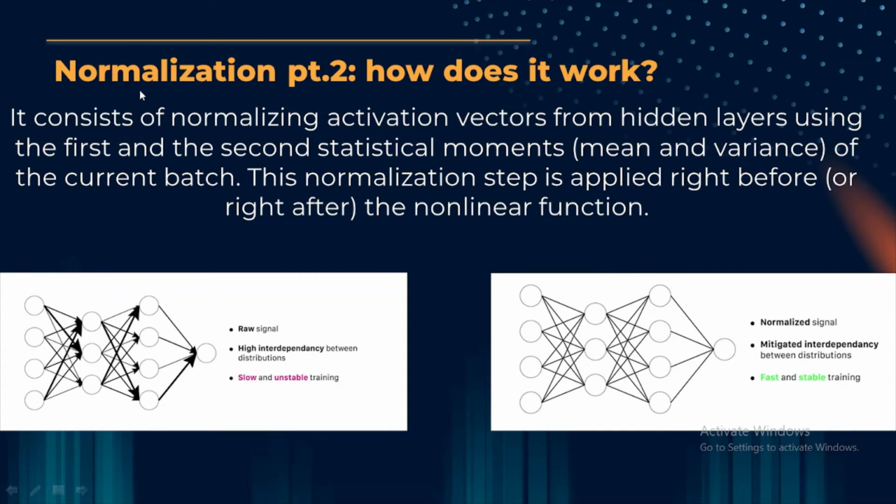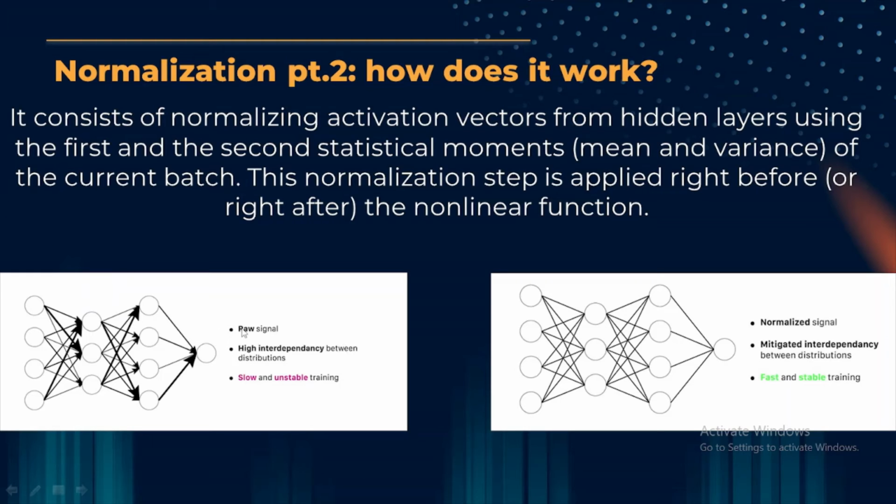How does this work? Well, it consists of normalizing activation vectors from hidden layers using the first and the second statistical moments, mean and variance, of the current batch. This normalization step is applied right before or right after the nonlinear function. So if you look at the raw signal, you see that the knots are very complex and very intertwined.